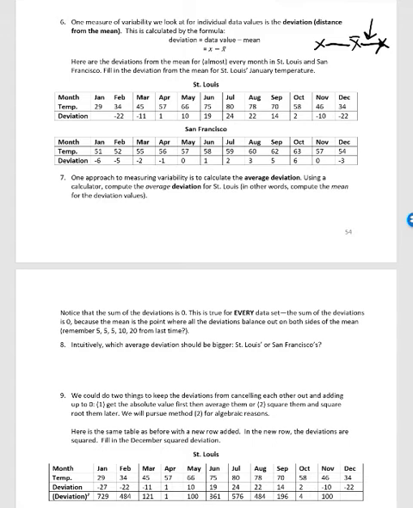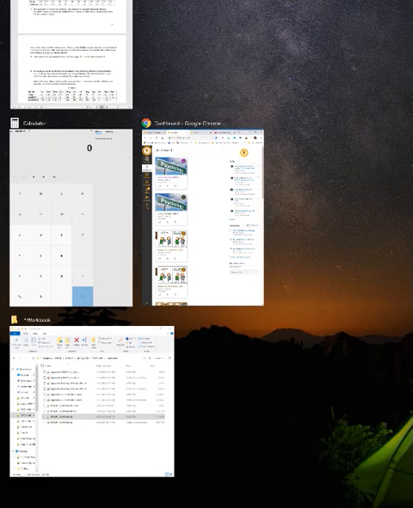So in other words, X, any data value from your data set, minus X bar, the mean of your sample. Below we can see the deviations from the mean for almost every month in St. Louis and San Francisco. So you'll see that I strategically left January blank for St. Louis. So if you want to check this, we can always pull out a calculator.